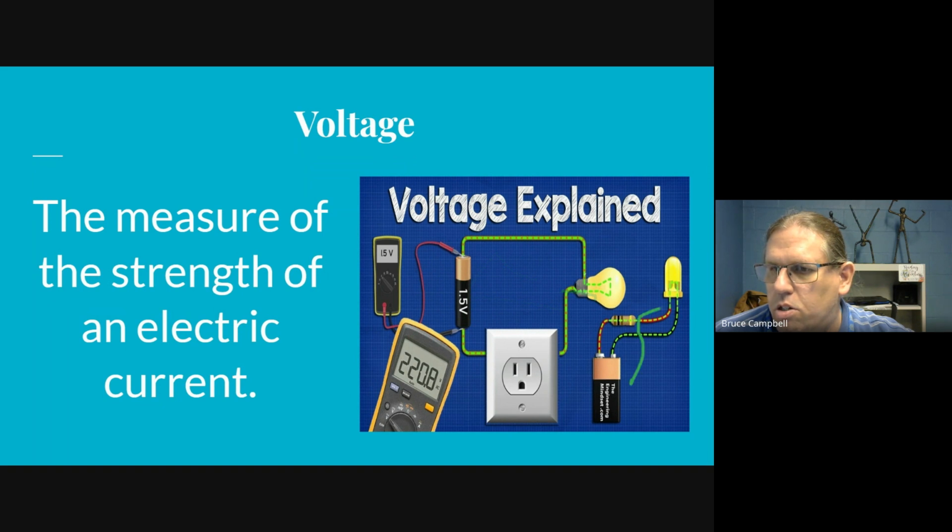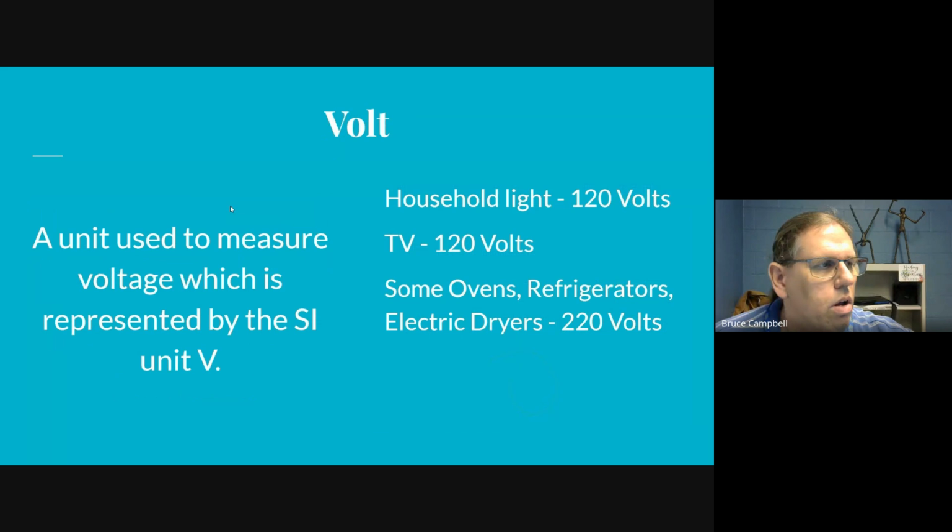You can use the power. Voltage can come through an electrical socket, right? So a volt is used to measure voltage, and that's represented by the SI unit V, right?